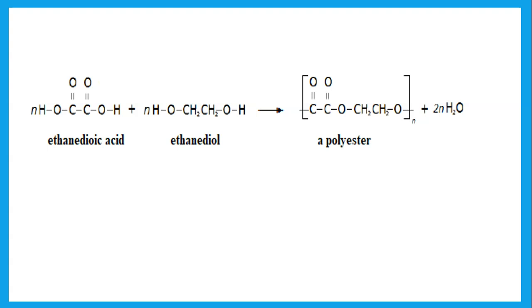Again, this is a diacid with a dialcohol. So this is a diacid that has nothing in between the two carbons. That's okay, I'm just going to copy it as it is. Remove the OH, remove the H from the alcohol and join, and that is the polyester.